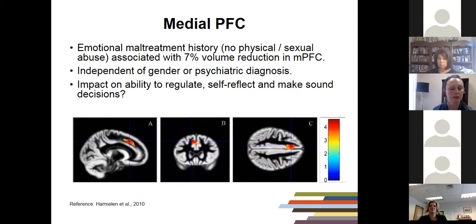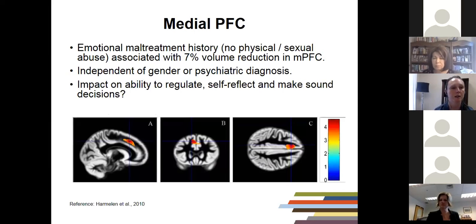This is another study which shows you some fancy pictures from an fMRI scanner. This is a study of adults who had a history of emotional maltreatment, which is a type of trauma that tends to fly under the radar and doesn't get paid attention to quite as much.